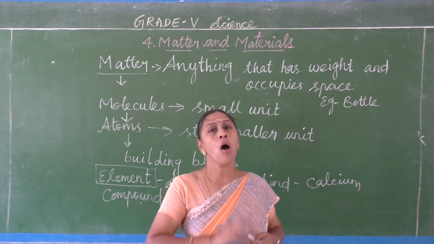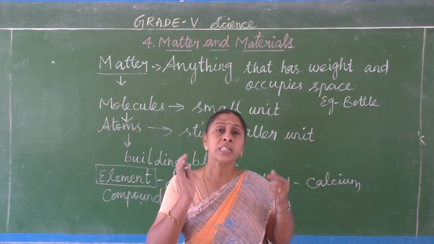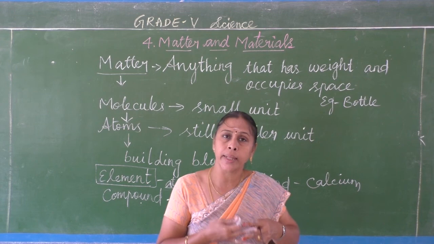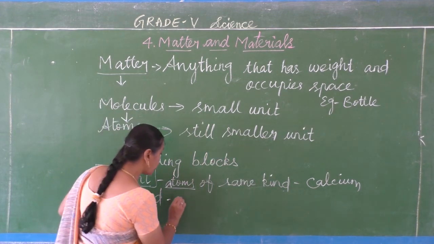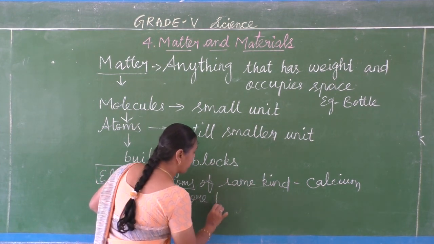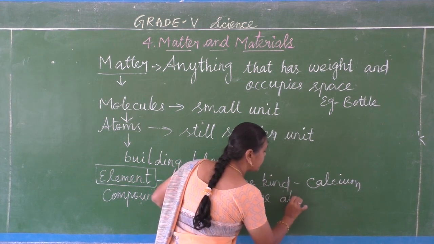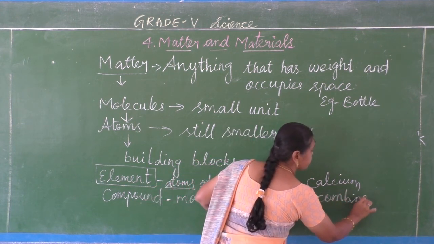So it is called a compound. Understand? So such a thing in which 2 or more atoms combine together forms a compound. Okay, more than one atom combines to form a compound.